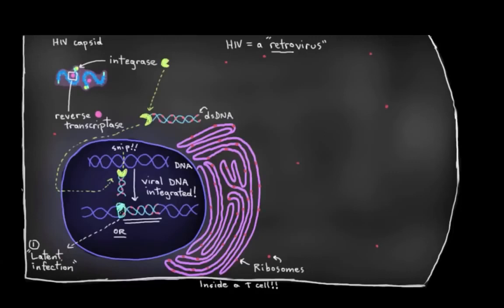So let's say RNA polymerases come along. Well, it's going to transcribe this viral DNA here just as if it was your own DNA. So it'll start cranking out viral mRNA transcripts, which then leave the nucleus. They find some ribosomes, say on the rough endoplasmic reticulum, and they start to use the ribosomes to make proteins, like new envelope proteins, for example.